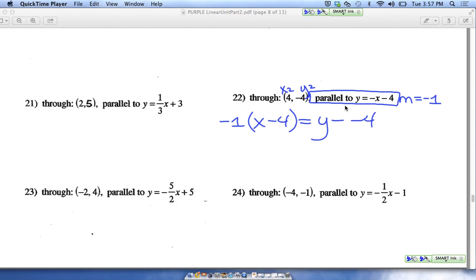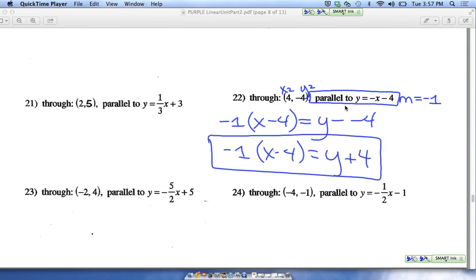So to clean that up, I would have -1 times x minus 4 set equal to y plus 4. And I would leave it like that. I would leave the -1 written in, but you could also see it as the negative. But since I'm looking for the slope, I would prefer to see that -1 given in the slope's position so that I know exactly what it is. But it's just that simple, and you can finish up the rest of the problems on your own.